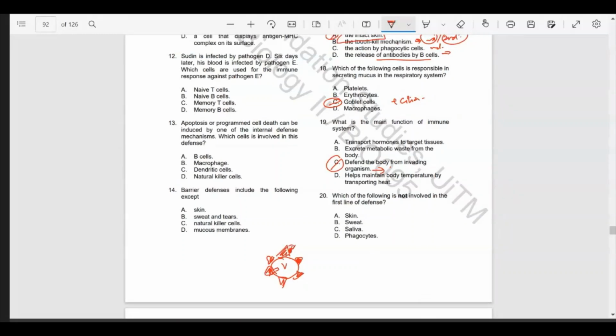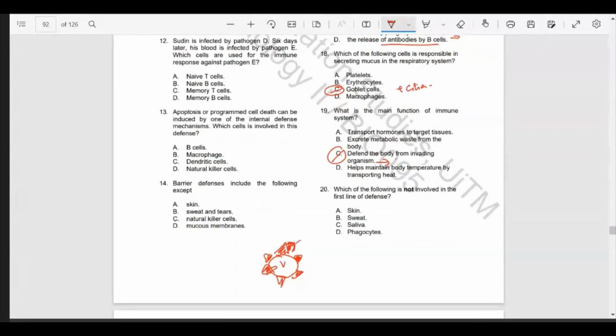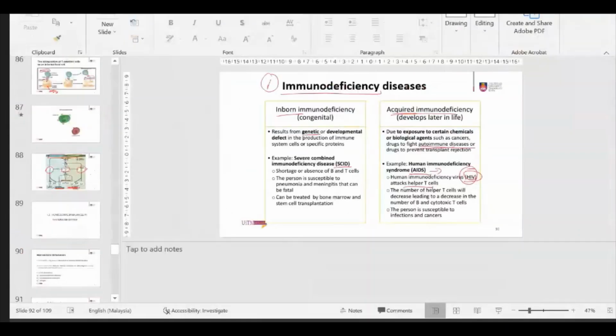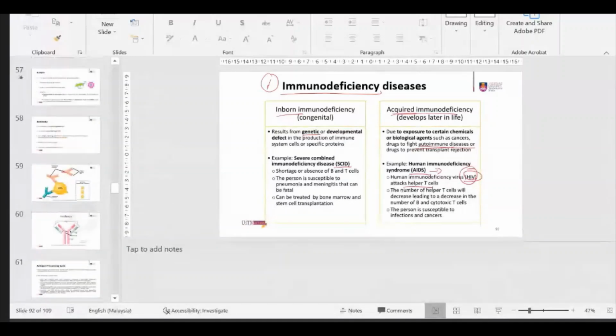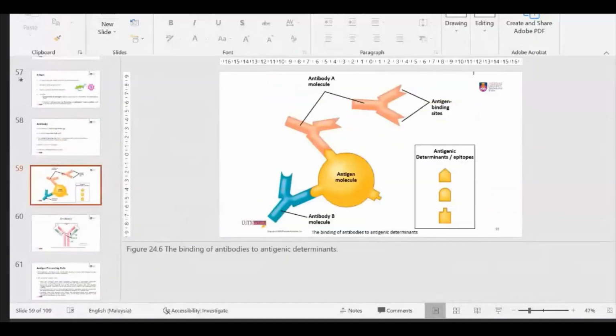The receptor of a lymphocyte, either B cell or T cell, or the antibody, is what binds to the epitope of the antigen of the pathogen. Let's look at your notes. So the antigen molecule is a molecule from the pathogen. It can be its toxin or whatever molecule comes from that pathogen.